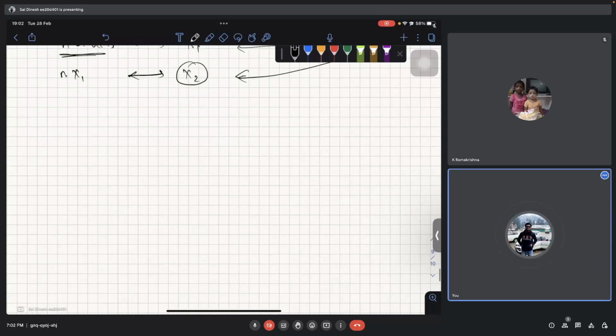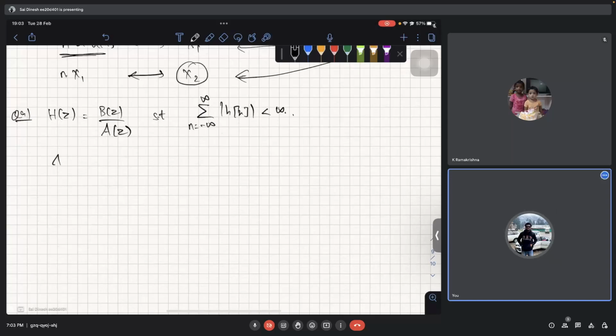So 9th question. Question 9. A system's transfer function H of z is equal to B of z by A of z such that the summation from minus infinity to infinity of mod h of n is less than infinity.